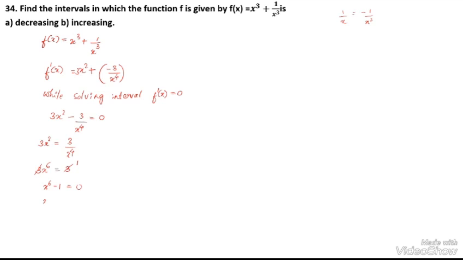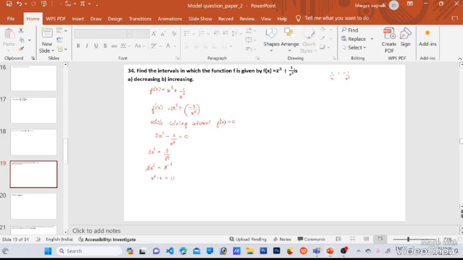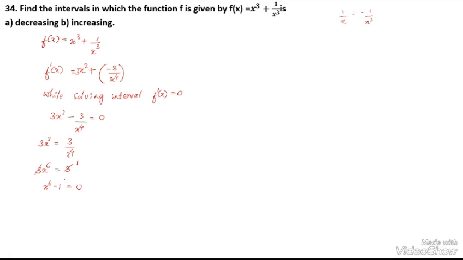1 can be written as 1 to the power 6. So x to the power 6 can be taken as x cube whole square, minus 1 square is equal to 0.